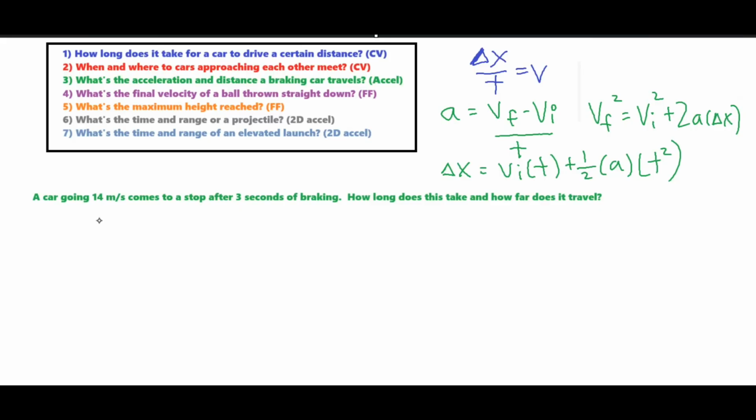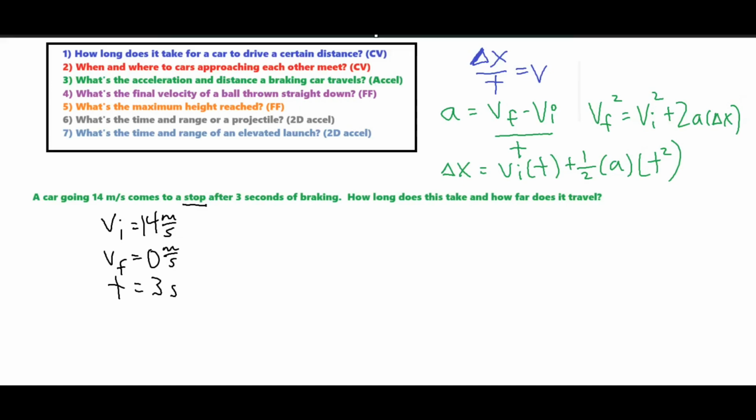All right, so it looks like it's going 14 meters per second in the beginning, and it comes to a stop, which implies that the final velocity is 0. You want to make sure that if it says starts from rest or comes to a stop, we can use 0 meters per second somewhere. Then we have a time of 3 seconds.